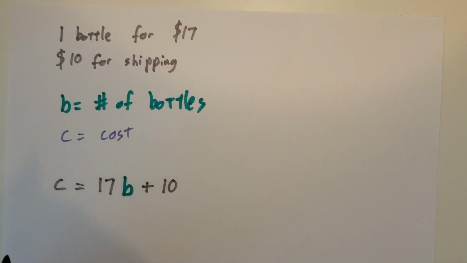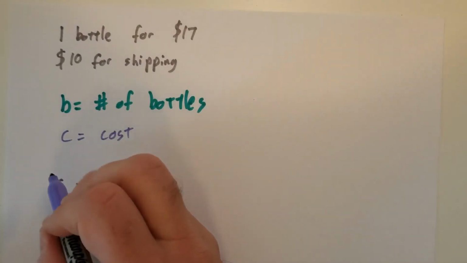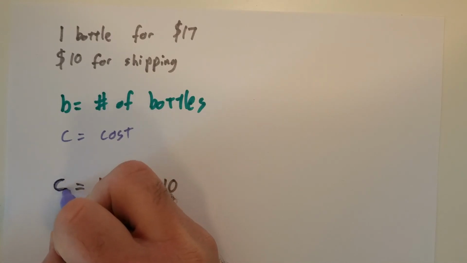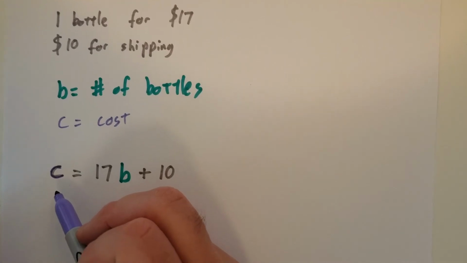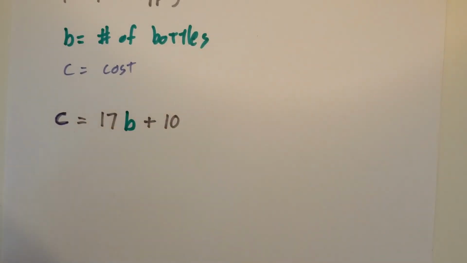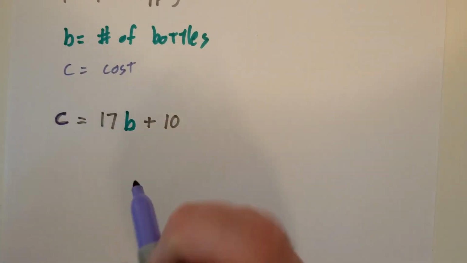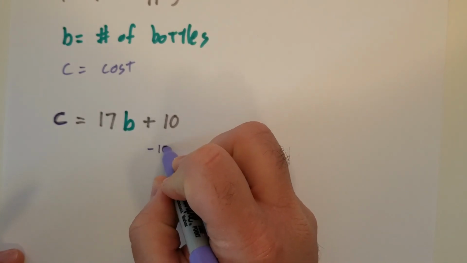But you could also think of it differently. You could say, what if I want to know how much hand sanitizer I can buy for a certain cost? That's just going to be solving for B. So the first thing to do, get rid of the weakest operation.